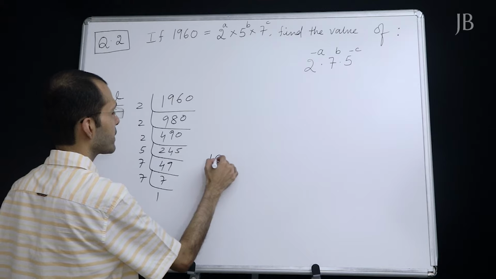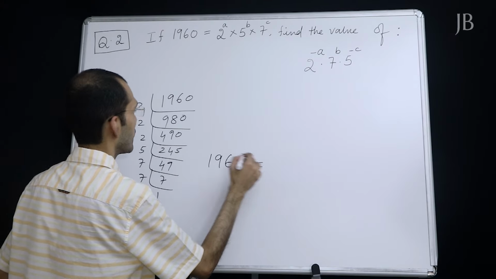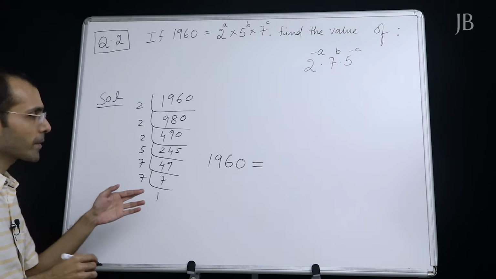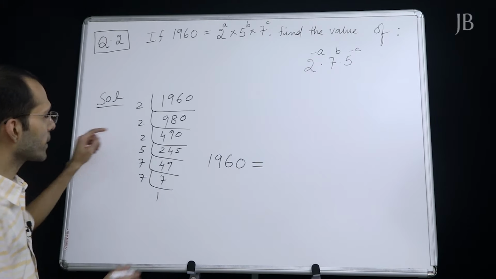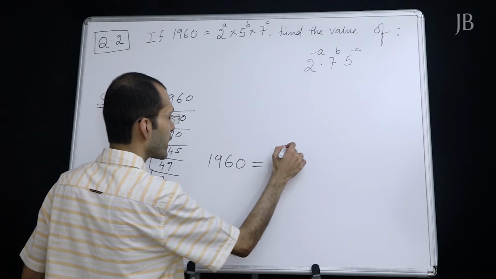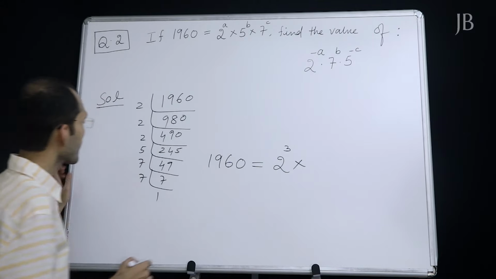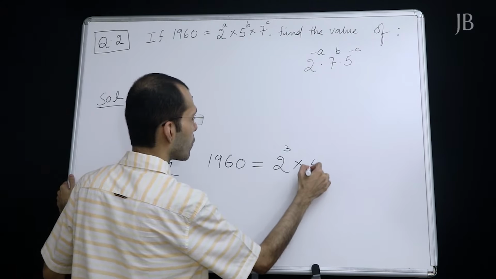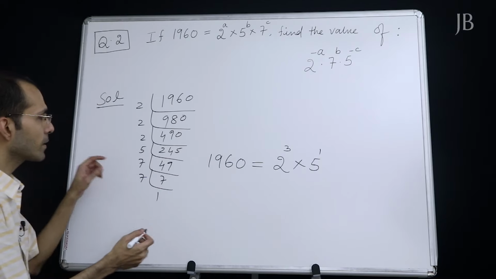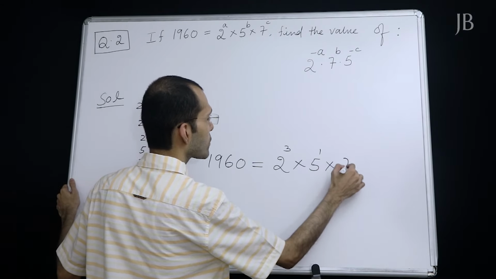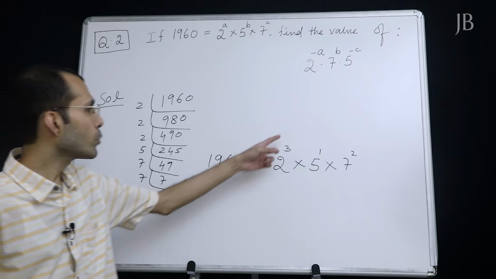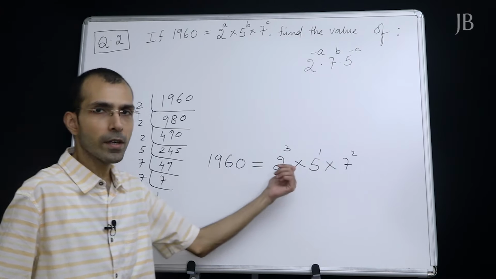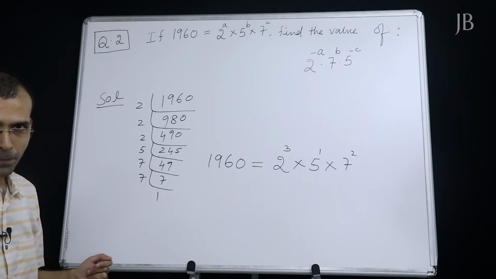So 1960 can be written as, you show it in a fair copy, 1 2 3. This can be written as 2 raised to 3 into 5 raised to 1, because it comes only once, into 7 raised to 2, isn't it? 2 cube into 5 raised to 1 into 7 square will give you back 1960.